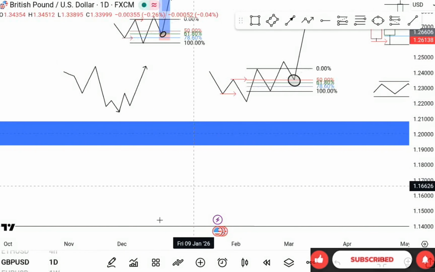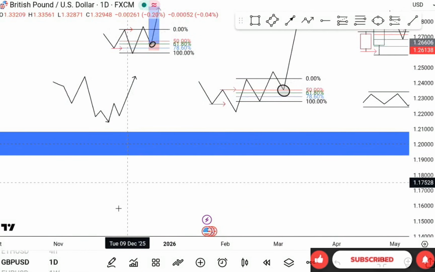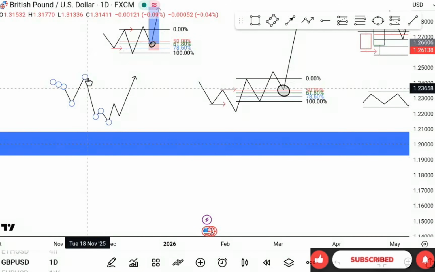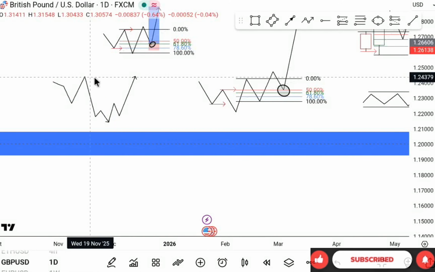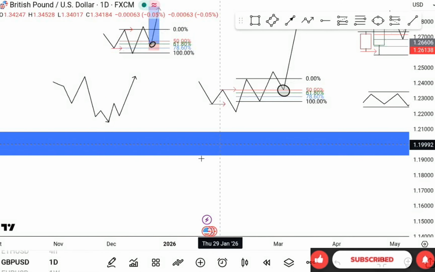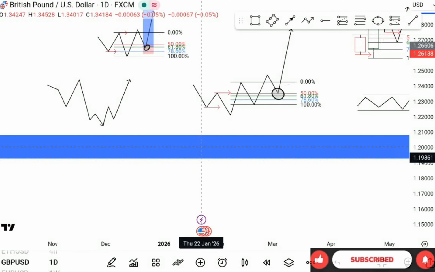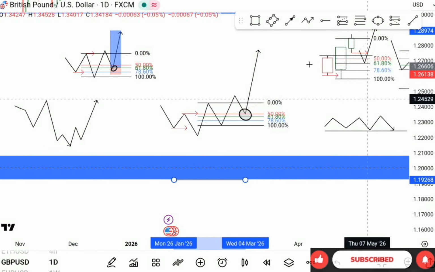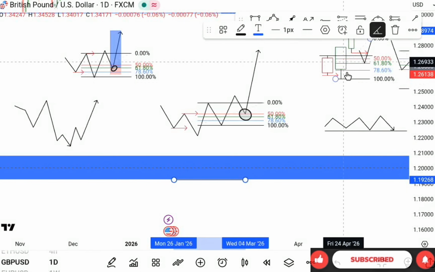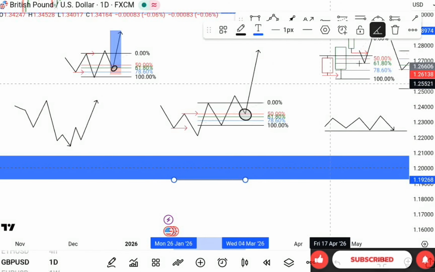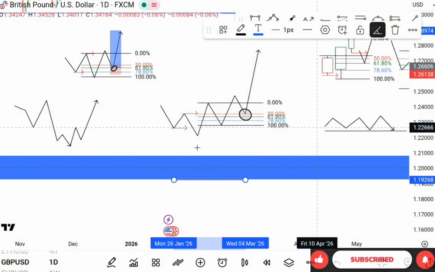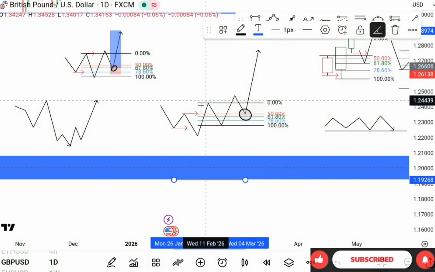I don't know if you really understand everything I said here. I said whenever we sweep liquidity, let's always take profit from the higher side. Always wait for a Fibonacci. Always wait for a fair value gap candle that sweeps liquidity before displacing. Always know, are we manipulating or are we consolidating?